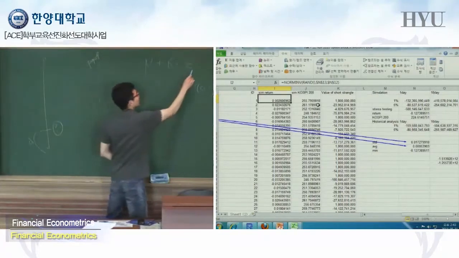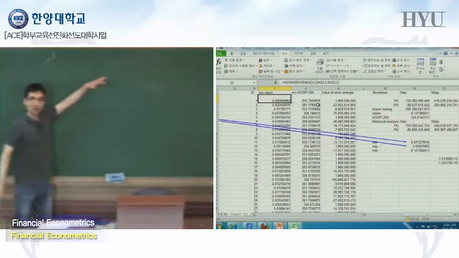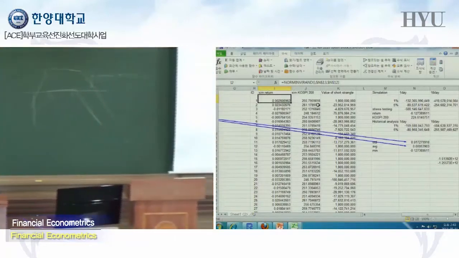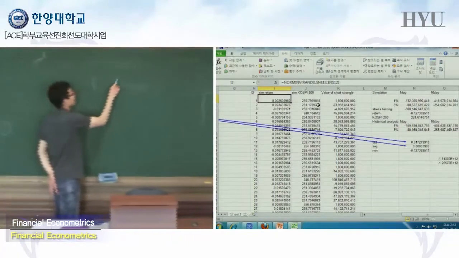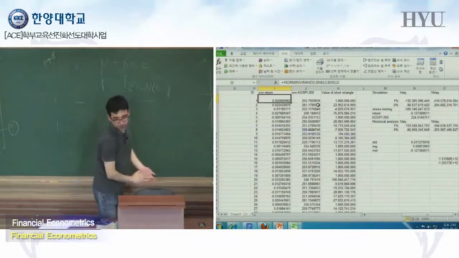Then for each simulation, I can calculate a possible daily return, right? I can calculate this one and this one with historical data, and I can simulate this one.